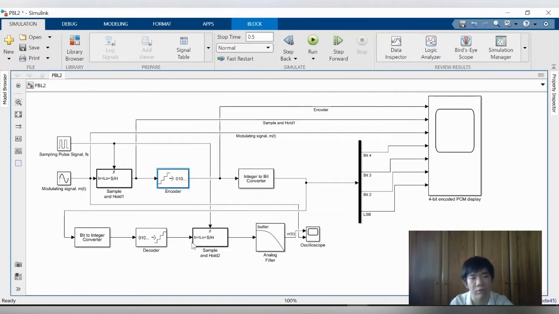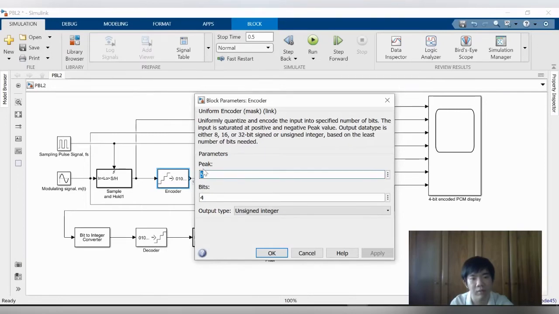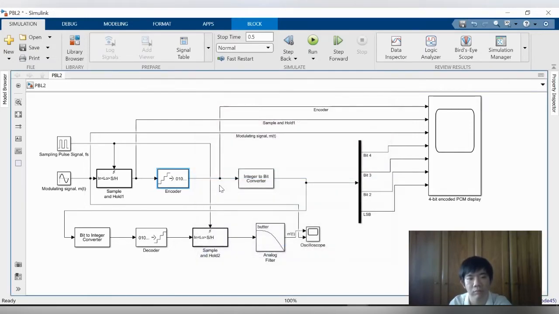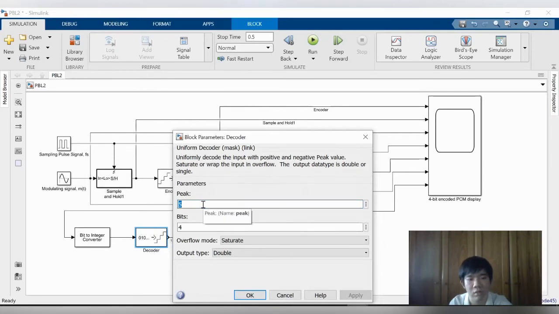So we're going to change the peak value to be the same as the amplitude of M(t), which is the Vm. So it is 15. And for the decoder, we also change the peak to 15.